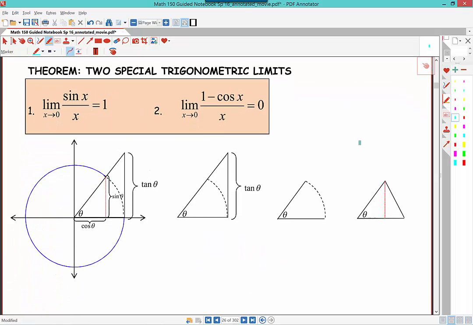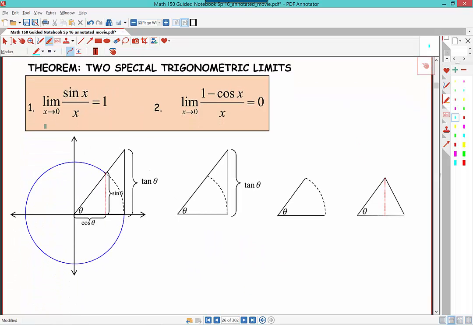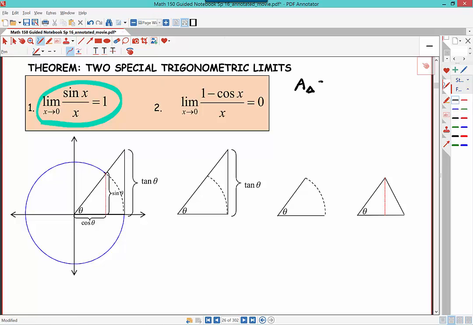I like to use this guy here to illustrate that theorem. This is how it works, and you'll need to remember a couple of things as we go through this. One of the tools that we'll be using is, of course, the area of a triangle is equal to half times base times height.